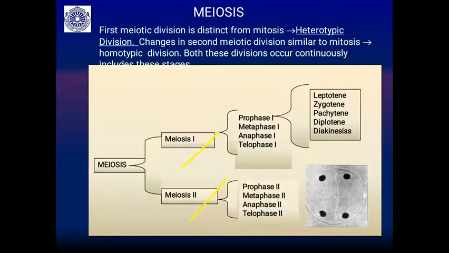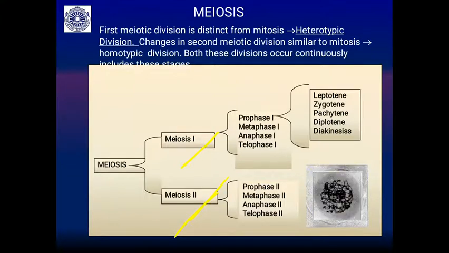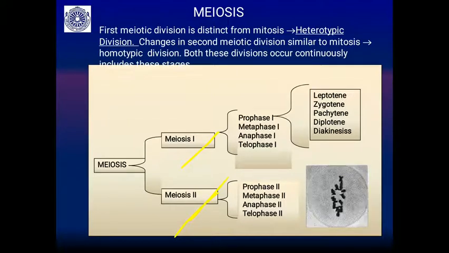But these divisions occur continuously, so for our convenience we have divided meiosis into meiosis 1 and meiosis 2. Meiosis 1 is divided into prophase first, metaphase first, anaphase first, telophase first. Meiosis second is divided into prophase second, metaphase second, anaphase second, telophase second.